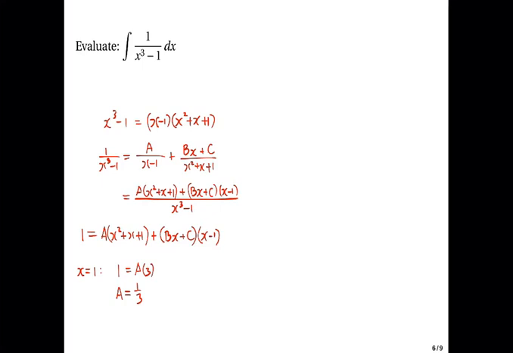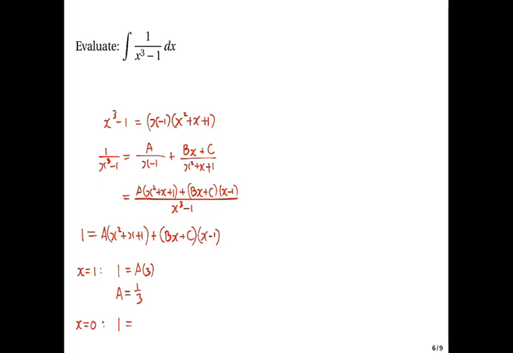What we can do here is let x equal 0 so that this bx term will vanish, and therefore we will be left with c. So we let x equal 0. On the left-hand side, we have 1.